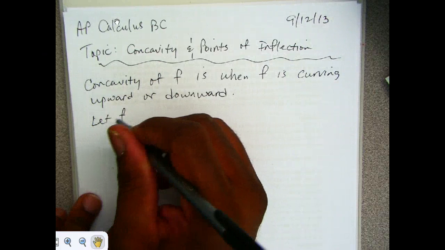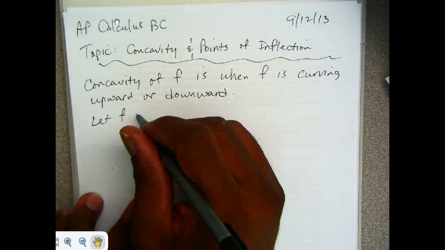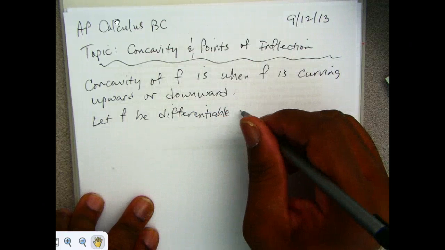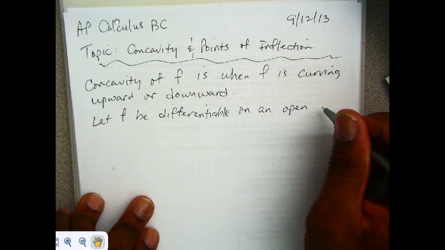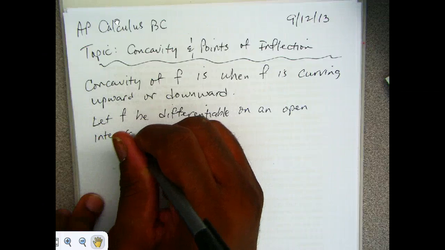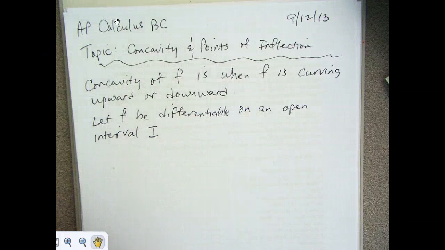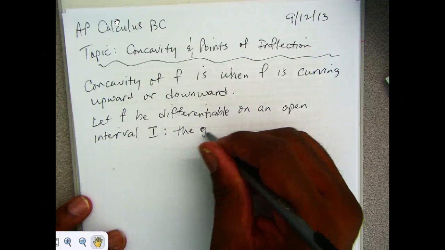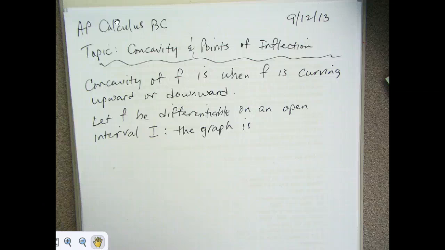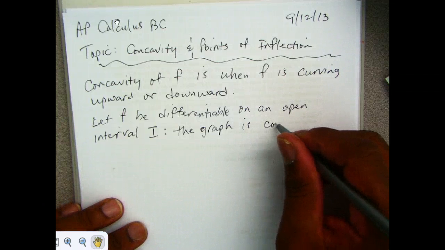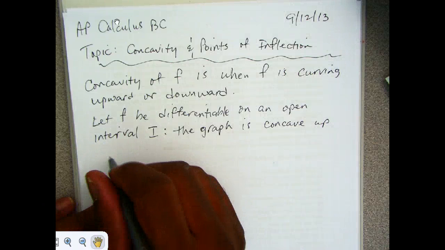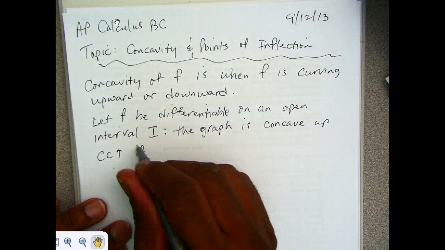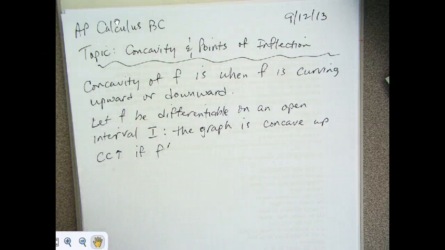So if we let f be differentiable on an open interval I, then the graph is concave up, and we'll just denote that by CC and then an up arrow, if f prime is increasing on an interval.